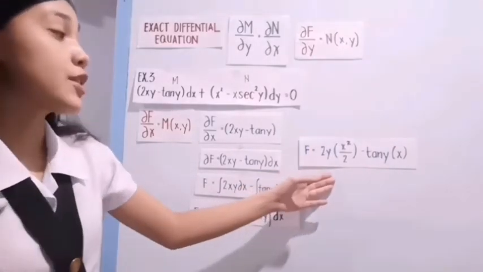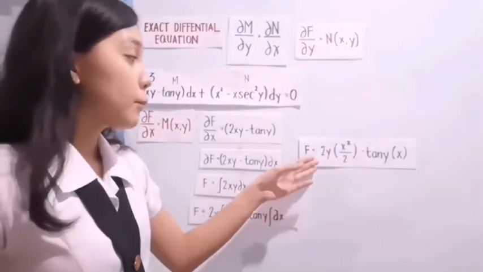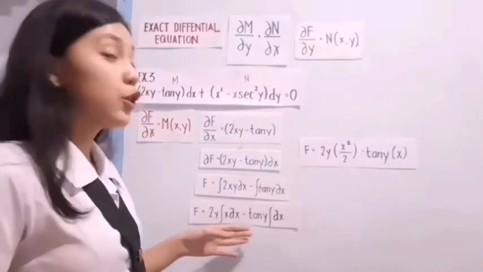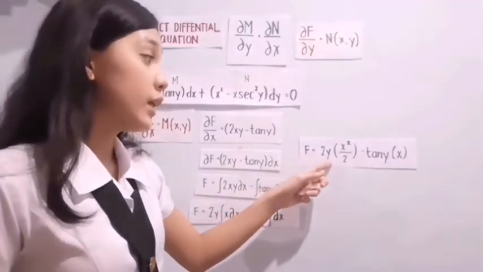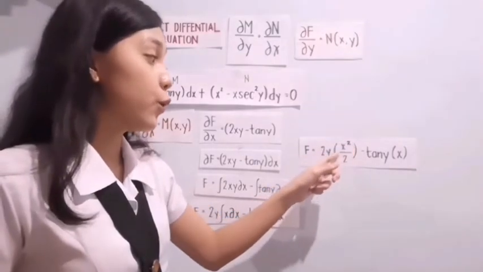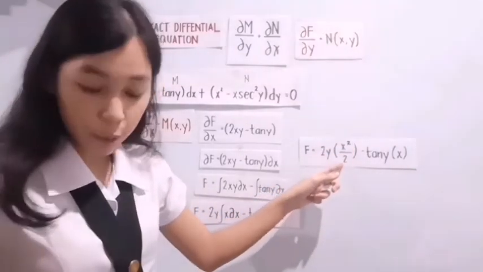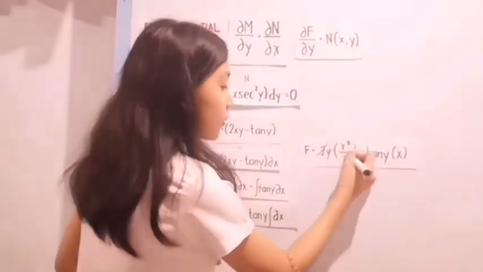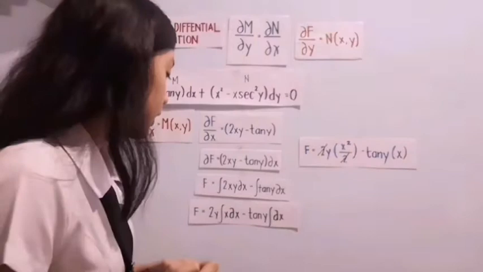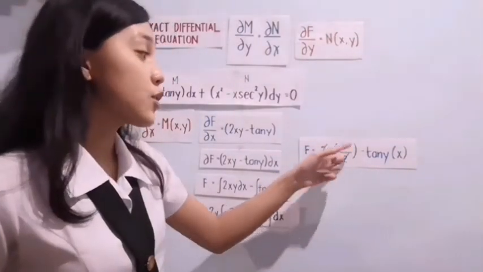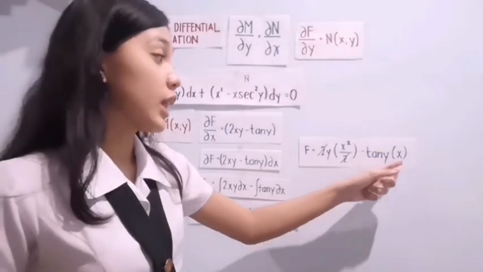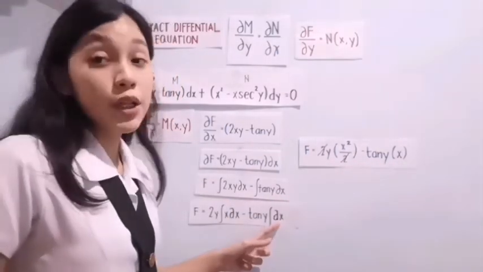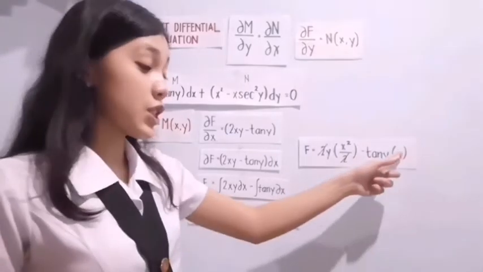So here, we proceed to the next step, where we substitute the values of our integrals. f is equal to y times x squared over 2, which we can cancel. When we cancel it, what remains is x squared times y minus tangent y, and the value of the integral of the partial derivative of x is just x.